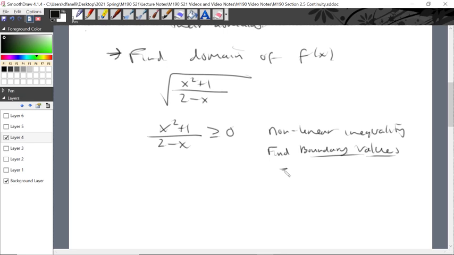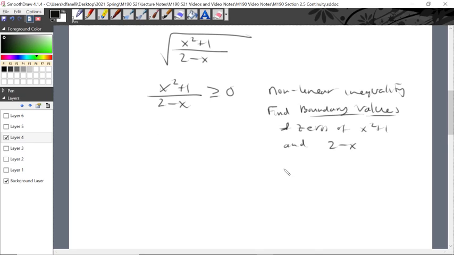So we can look at the zeros of x squared plus 1 and the zeros of 2 minus x. Now x squared plus 1 itself is always greater than 0, since the square of a real number is always non-negative and you're adding 1, so it's not equal to 0. But 2 minus x is equal to 0 at x equals 2.